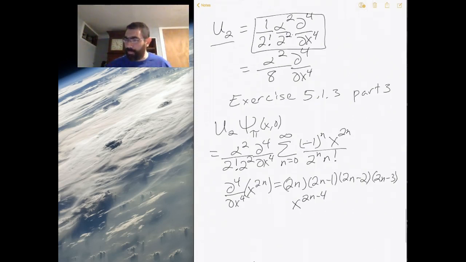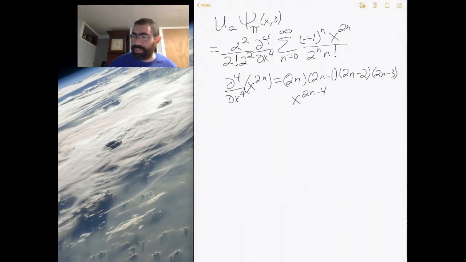Okay, so if we put that back inside the Taylor expansion, then we have alpha squared over 2 factorial 2 to the 2 power times, now this is n to the 2, because again, if we're taking so many derivatives, then only things with a higher power in x are going to survive.